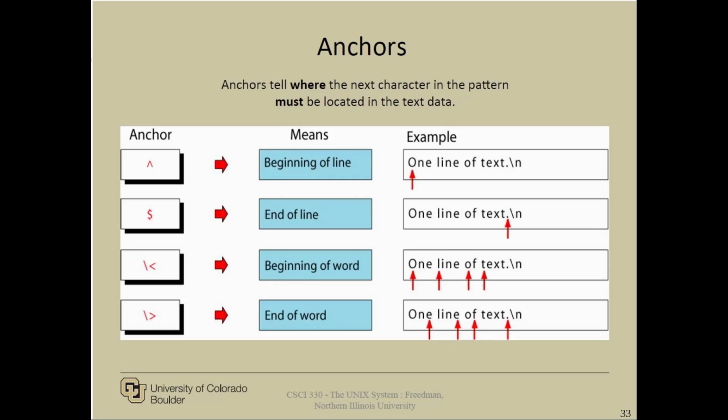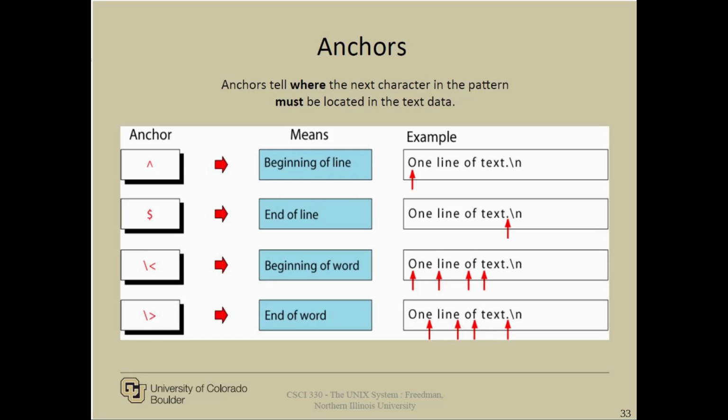The reason it would is because we have the caret, which is the beginning of the line, and then it would find an O in that place. And so we would get a mismatch. But if we had caret O in the regex expression, we'd actually get an O, and it would return true.